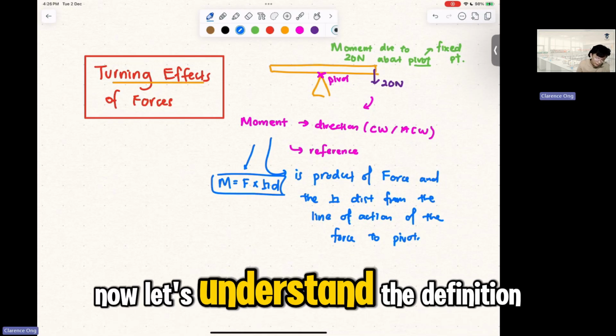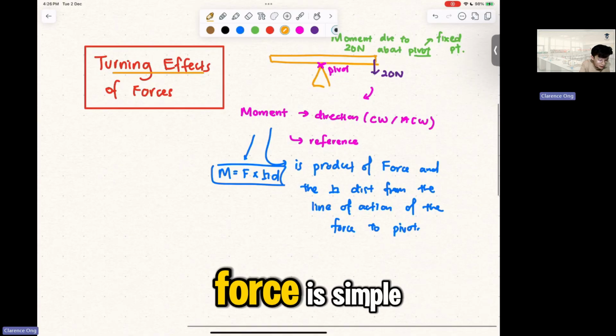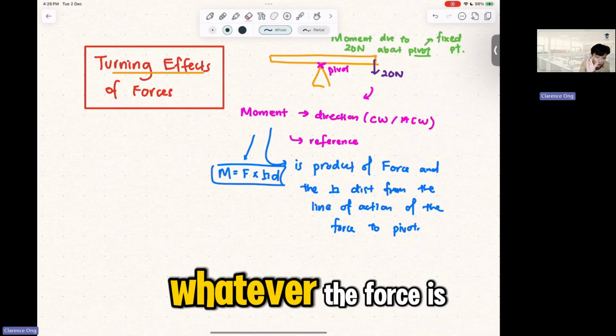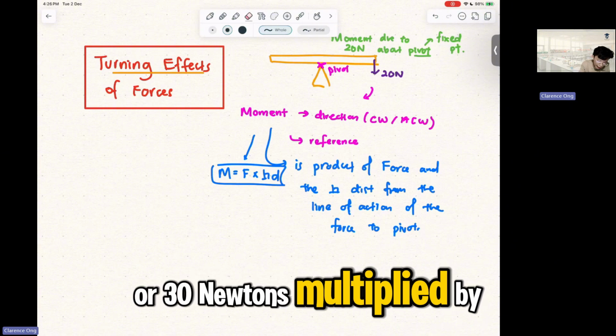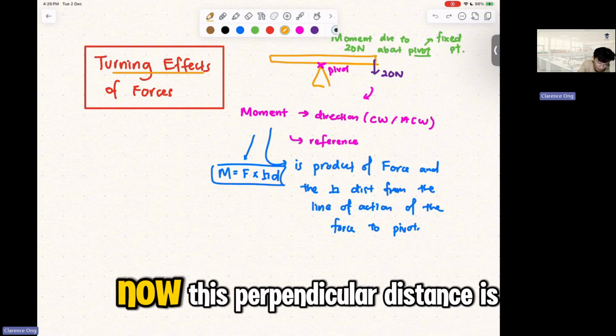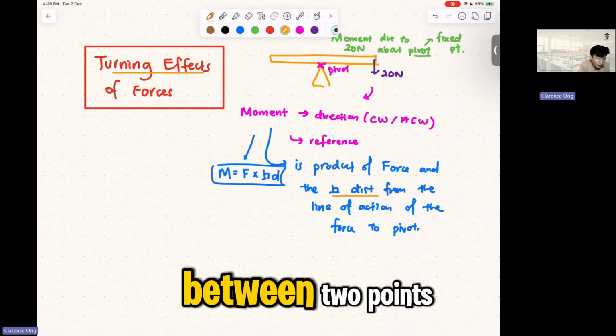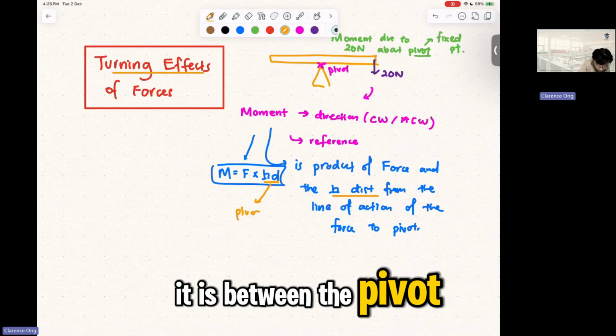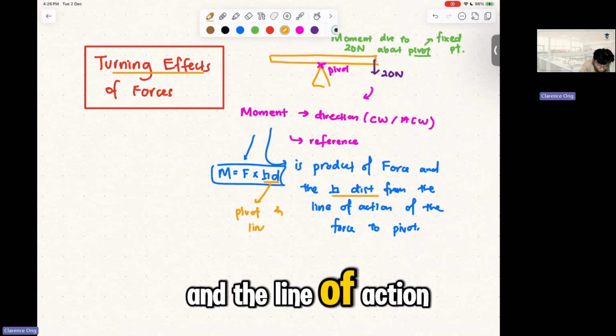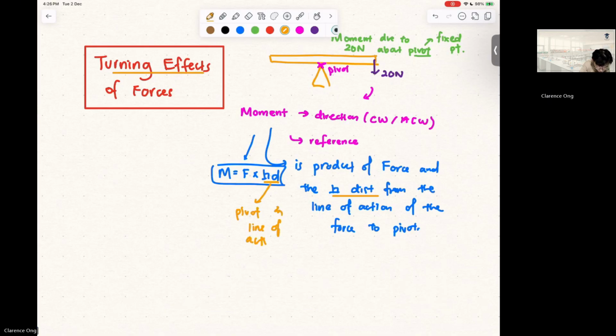Now let's understand the definition. Force is simple. We are just going to take whatever the force is, whether it's 10 newtons, 20 newtons, or 30 newtons, multiplied by the perpendicular distance. Now this perpendicular distance is between 2 points. It is between the pivot and the line of action of the force.